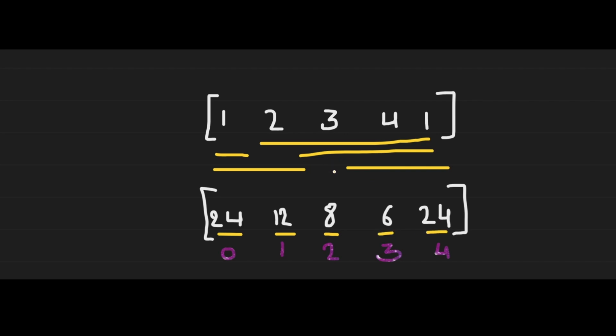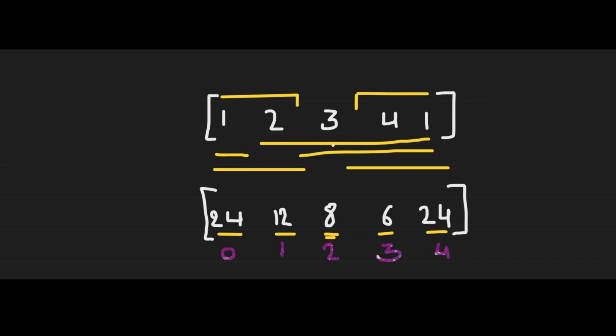So we see that we are following a pattern, that we are multiplying the numbers at the left and the right side of the number which we want to calculate. Suppose we want to calculate this 8, so we'll multiply all of the elements at the left side of the 3, and the elements at the right side of the 3.